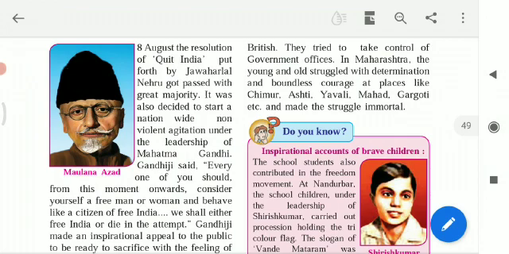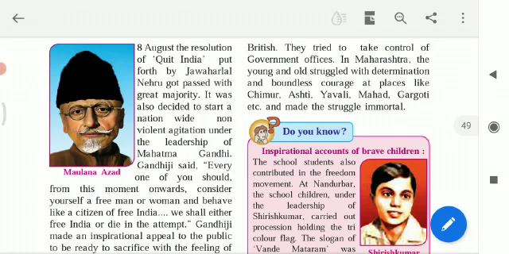So, children, the Quit India session began at Gowalia Tank in Mumbai on 7th August 1942. Maulana Abul Kalam Azad presided over this session. The resolution passed at Wardha was finally approved in the Mumbai session.